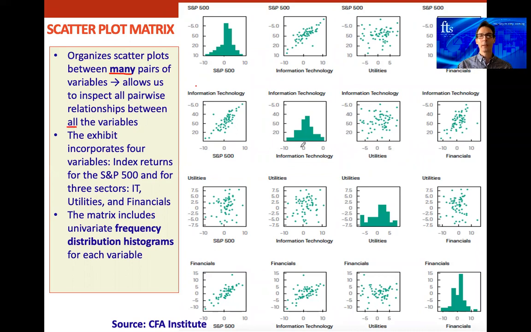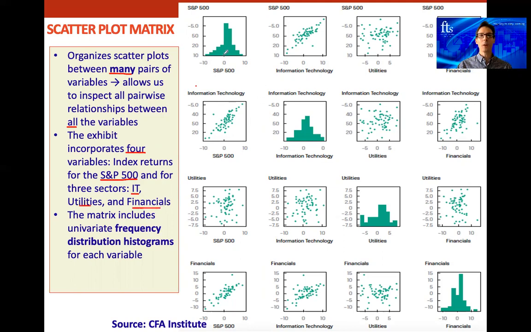We're going to take this exhibit to explain it. It incorporates 4 variables: the index returns for the S&P 500, which is the index of all of the stocks, and 3 sectors, the IT, the utilities, and the financials.